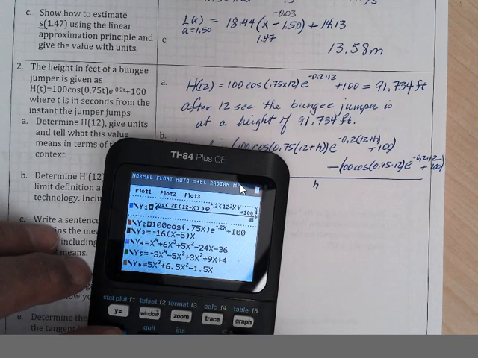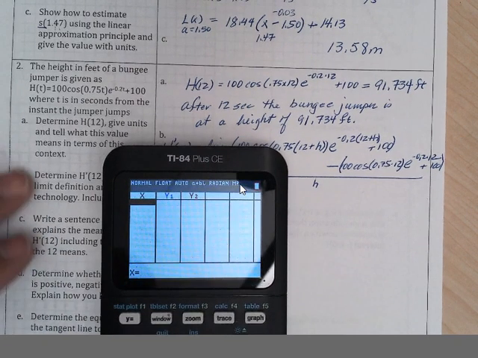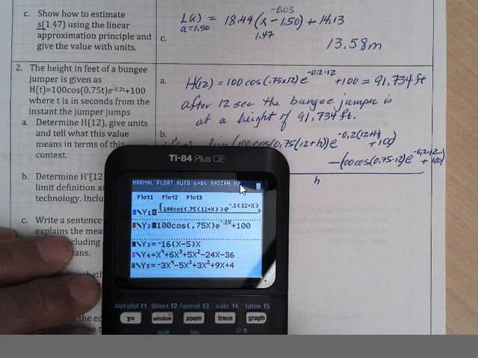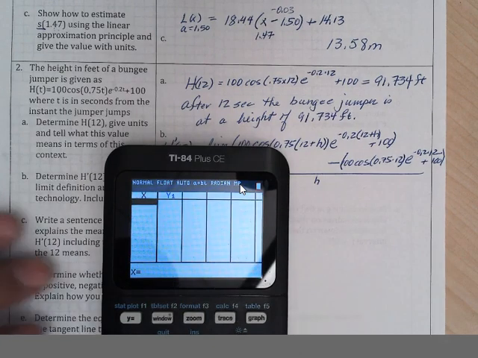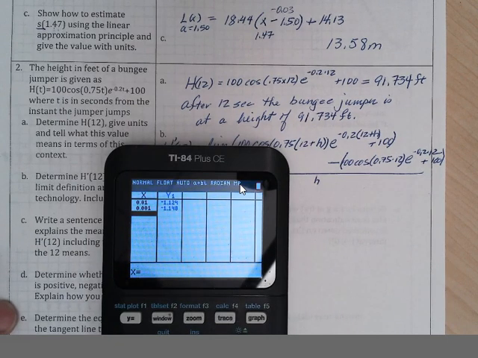So now I can go to the second table. Delete that. Now I want to put, is that one on now? Yes, I don't need to see that one. So I'll go back on the equal sign, press enter, go second table, and I need to put close to 0: 0.01, 0.001, 0.0001, negative 0.01, negative 0.001, negative 0.0001.